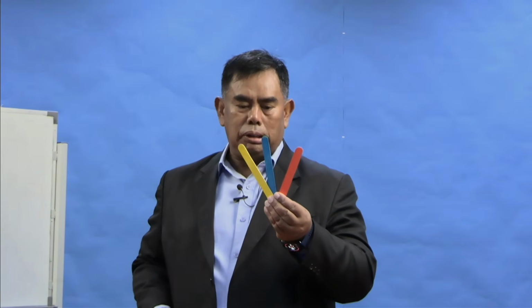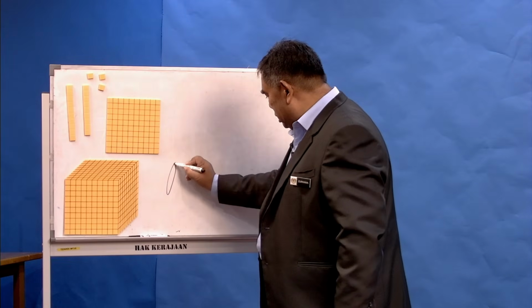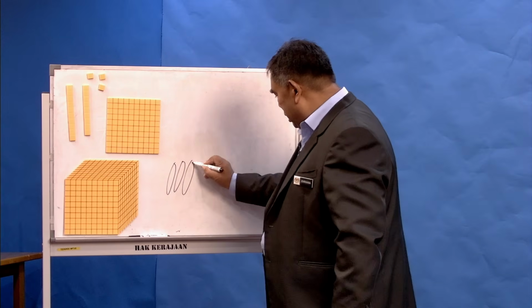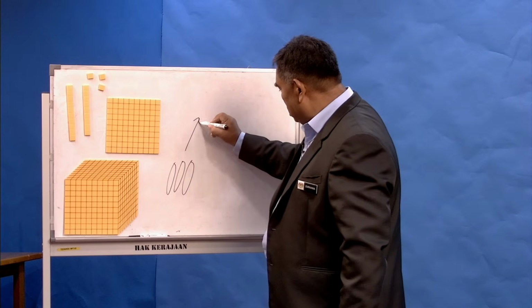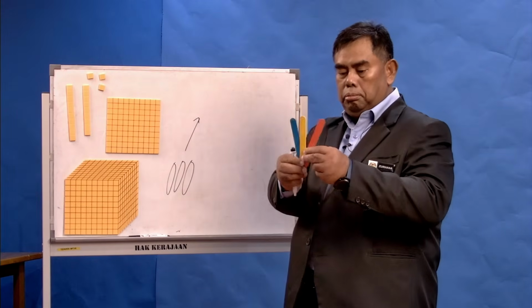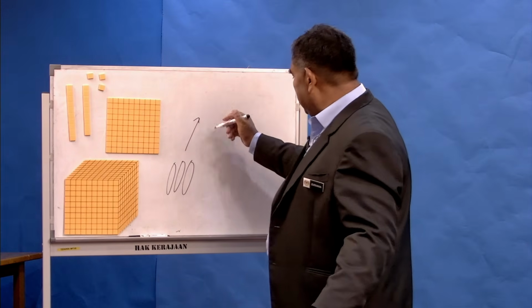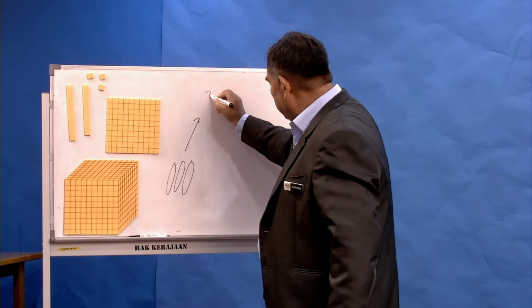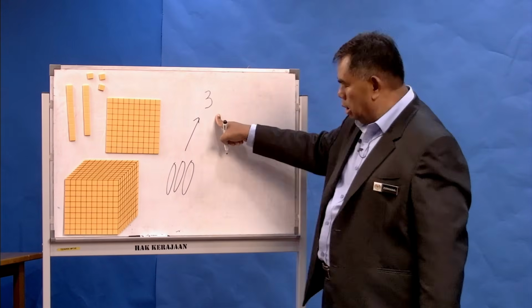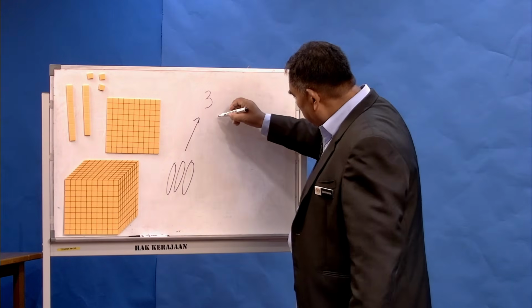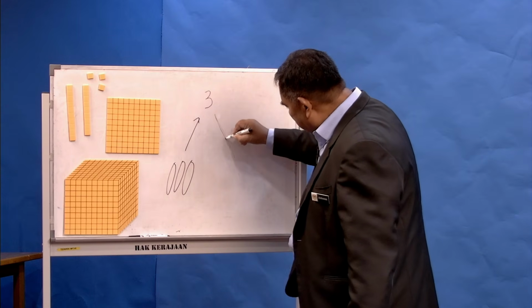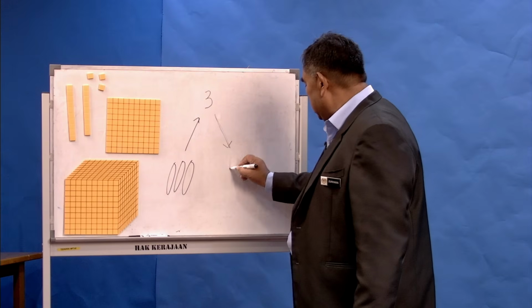And this concrete material we can write as a symbol. I have 3 ice cream sticks, and this concrete material we can represent as the symbol 3. And we can also say it as "three".